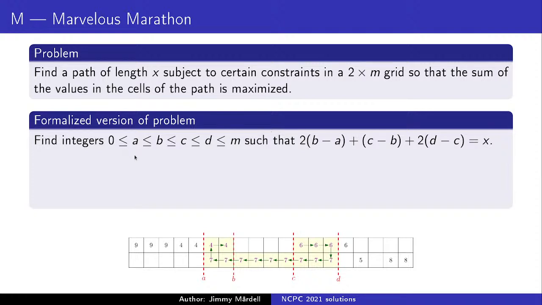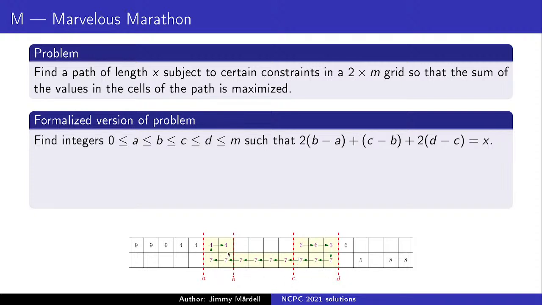So one can think of the problem as being the following. We want to find integers a, b, c, and d between 0 and m, which represent the turning points we make in this grid. Here is the path from the sample in the problem statement, and the a, b, c, and d would be these points.